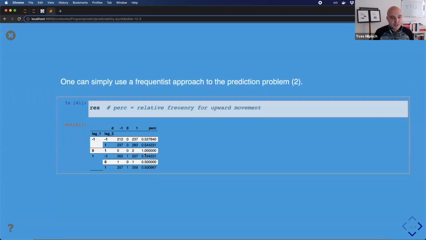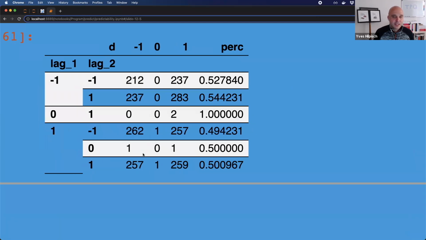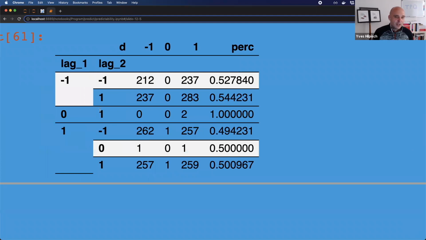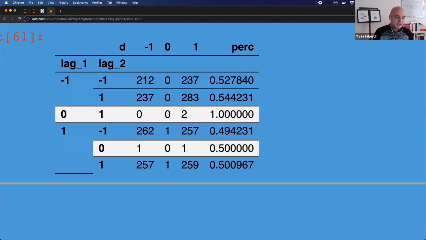And the results are shown here, right? So when I ask whether it is more likely that A or B happens, here you see the pattern itself, -1, -1. This pattern leads to a down movement 212 times and leads to an up movement 231 times.